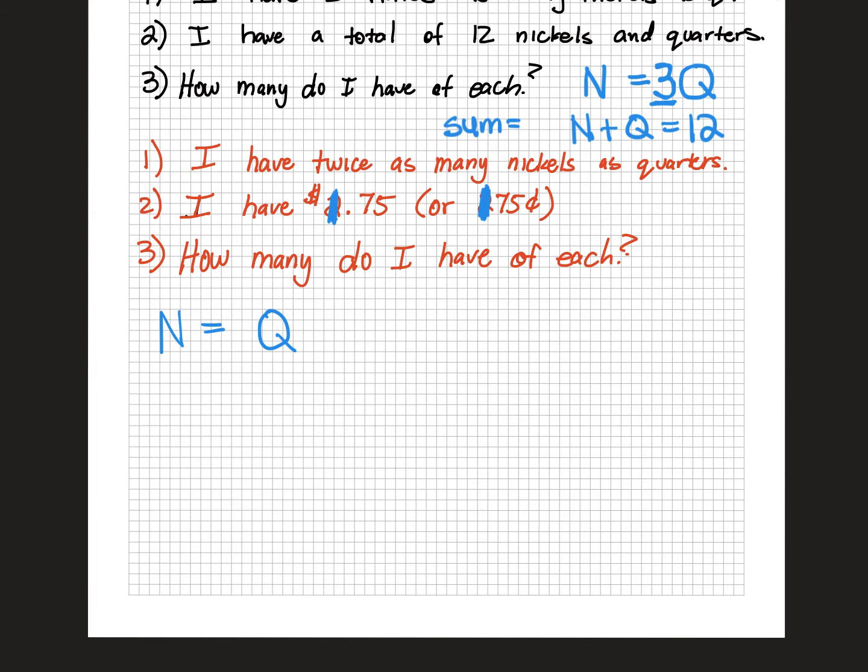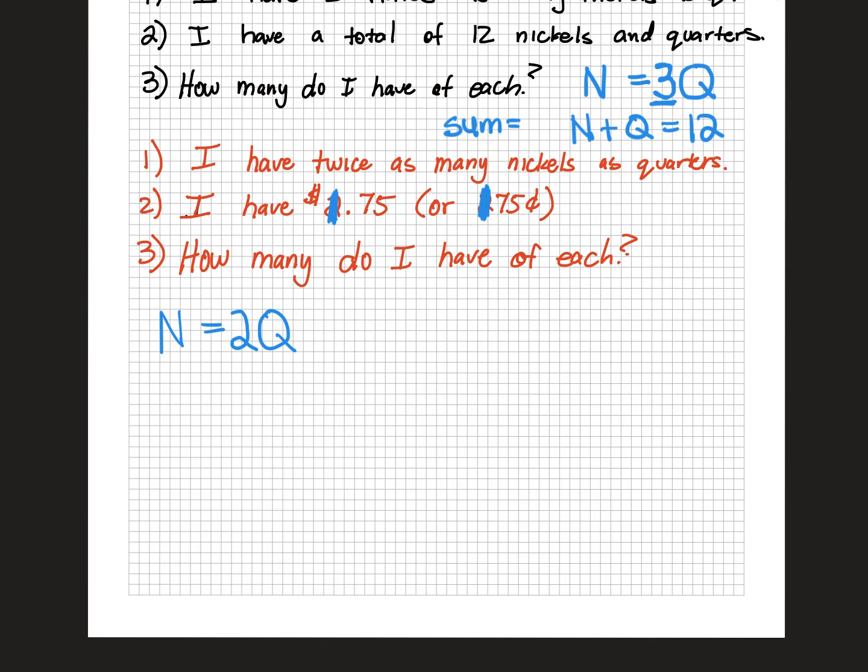It said I have twice as many nickels as quarters. So the nickels is the bigger pile. If I want to make these things equal, I'm going to have to make my quarters pile twice as big. So you always are trying to help out the small guy. So the quarters was 2 times smaller. So if I wanted to make it equal, I would have to make the quarters pile 2 times bigger.